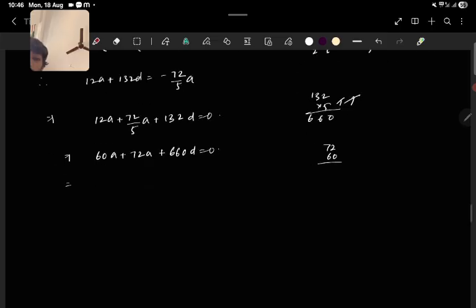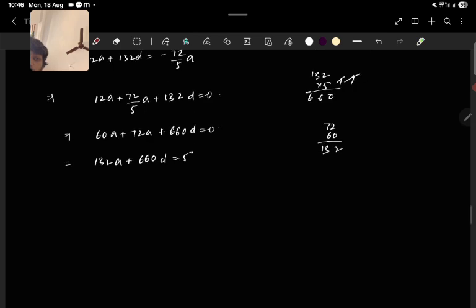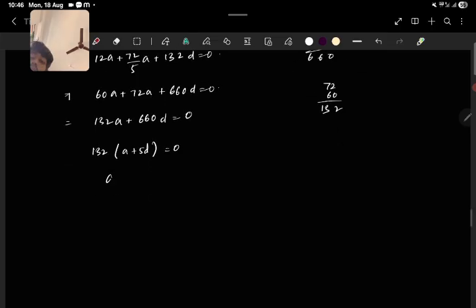We already know 132 fives is 660. If I take 132 common, a plus 5d is equal to 0. So a is equal to minus 5d.